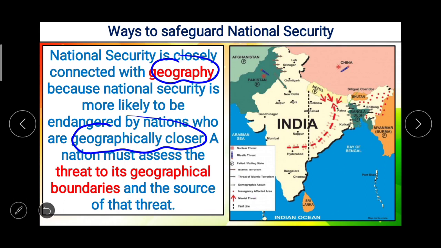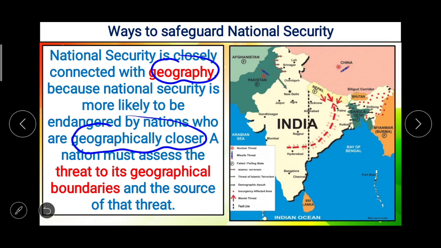In geography you people already learnt about the neighboring countries of India. So the greatest danger may be from the neighboring countries, and that is why it is given here that national security is closely connected with geography, because national security is more likely to be endangered by nations who are geographically closer.